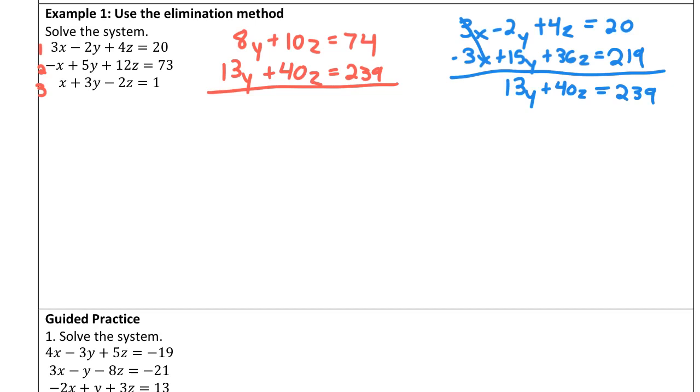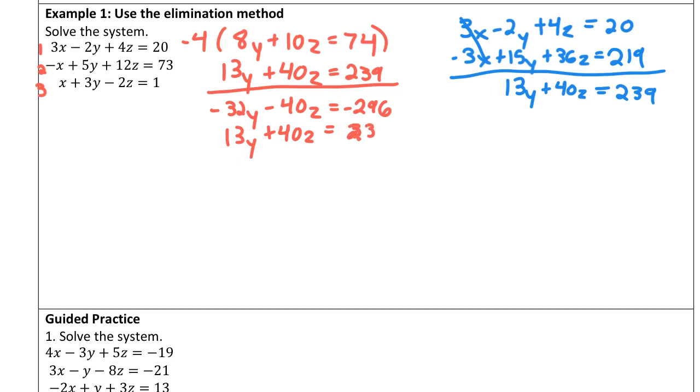It should be clear to eliminate z, because then I just have to multiply the top equation by negative 4. So the top equation becomes negative 32y minus 40z equals 74 times negative 4 is negative 296. And then the bottom is 13y plus 40z remains unchanged.